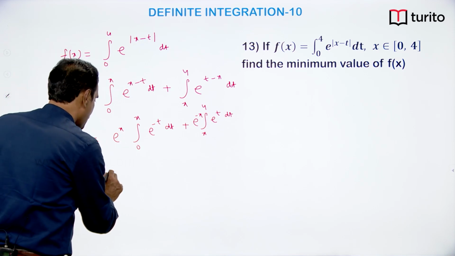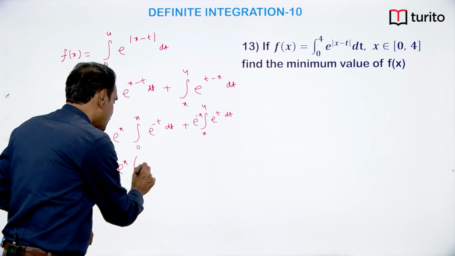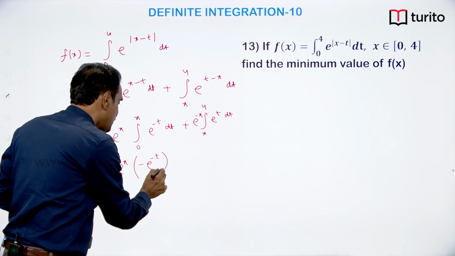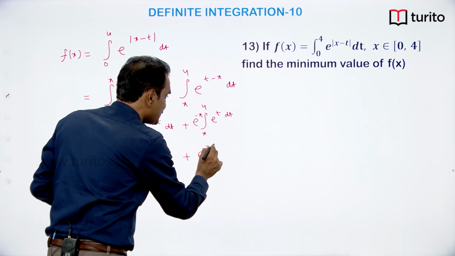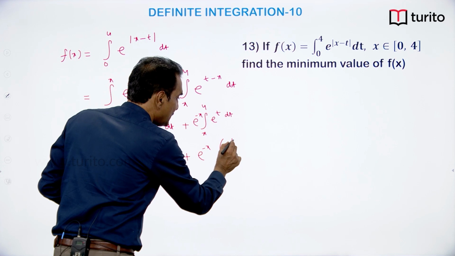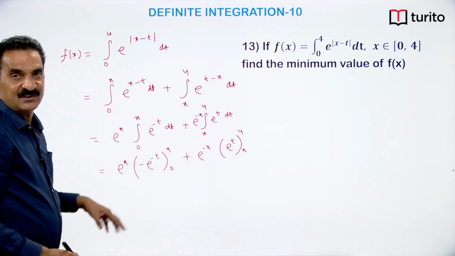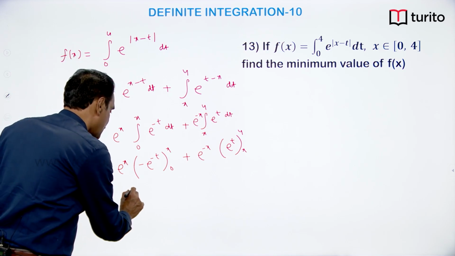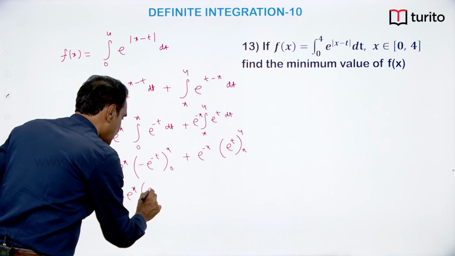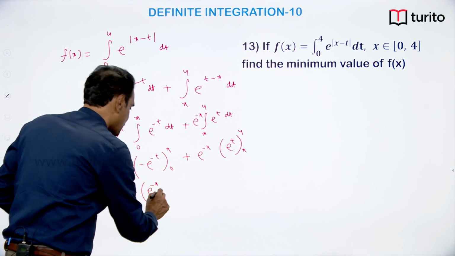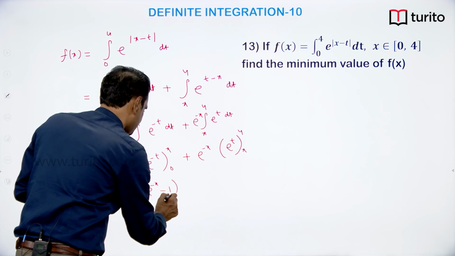What is the integral? E power x into, what is the integral of e power minus t? Minus e power minus t from 0 to x plus e power minus x into, its integral is e power t from x to 4. Substituting x and 0, e power x into minus e power minus x minus e power 0, 1.